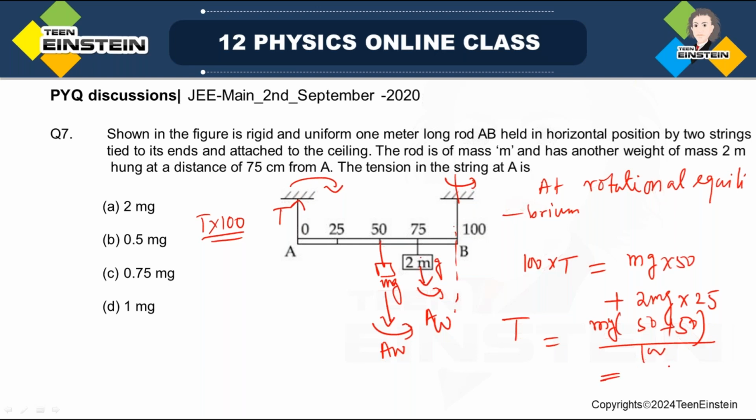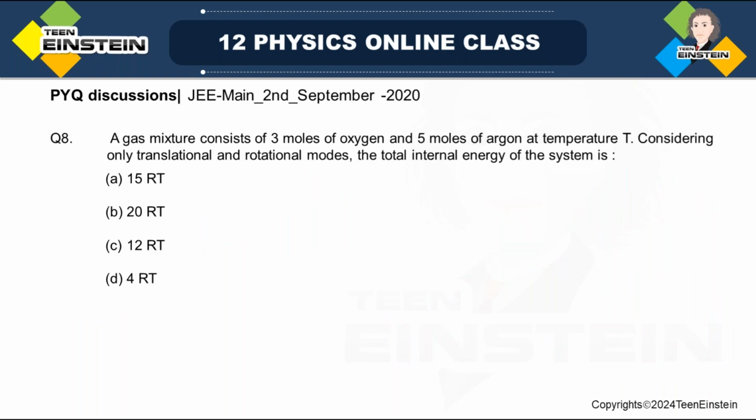So you get 1 mg, or simply mg, where this m is not milligram, it is mass into g. So the fourth option is the answer here. Let us go to the next problem. This is a very simple problem.